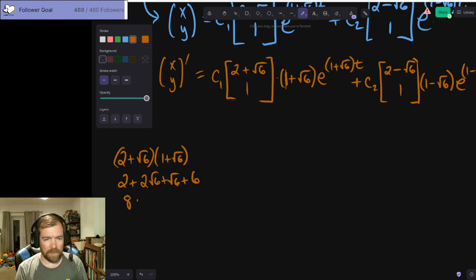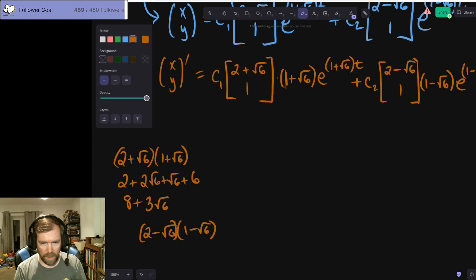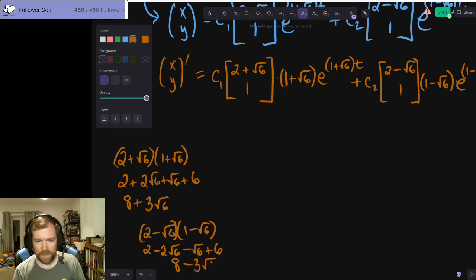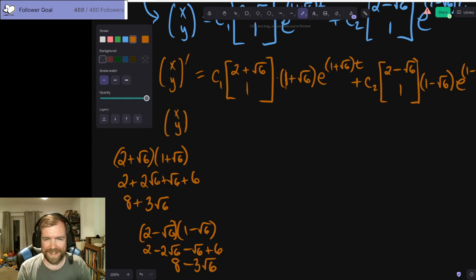So now we get 8 plus 3 root 6. And 2 minus root 6 multiplied by 1 minus root 6: 2, and that's going to be a minus 2 root 6, a minus 1 root 6, and a plus 6. So 8 minus 3 root 6. Somewhat anticlimactic. Maybe I should have known that offhand.